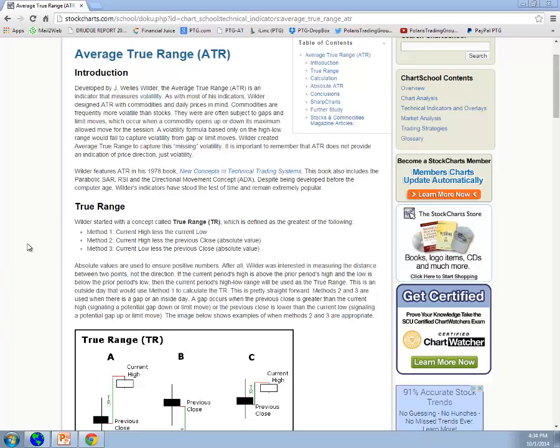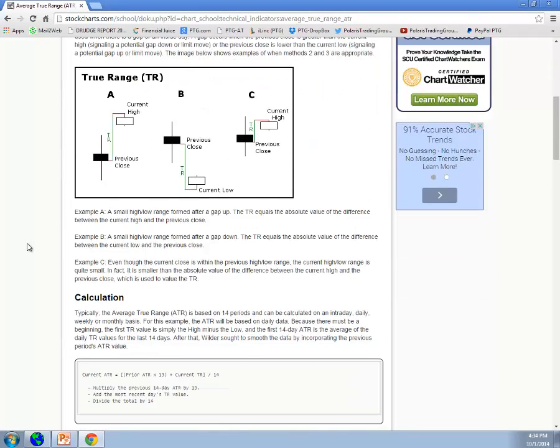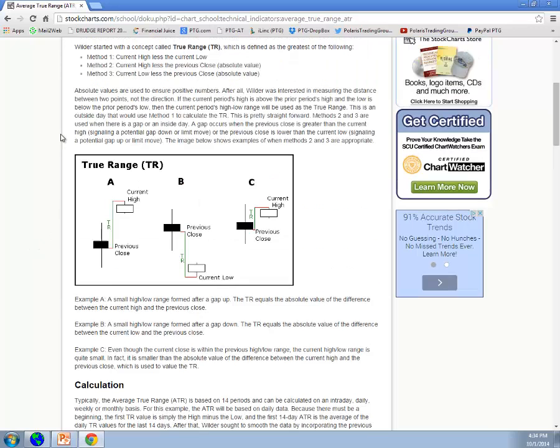Let me just show you a snapshot here, and again, this is on the website, and you can go over the calculation yourself for those of you that do the math. In method 1, you can take the current high less the current low from the previous close, and so forth. If you want to learn more about this, it's best to go right into this website, and it will educate you a little deeper than what I want to accomplish here today.